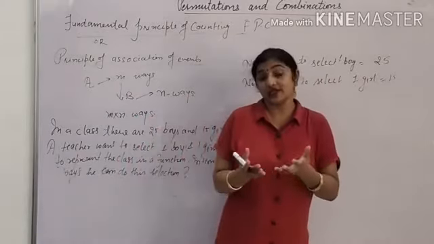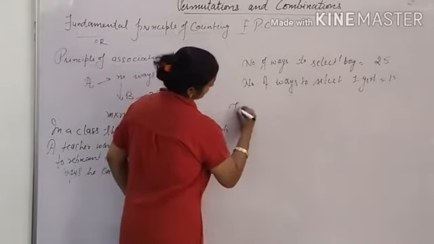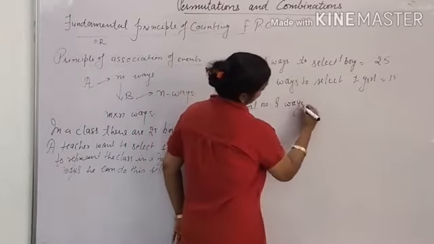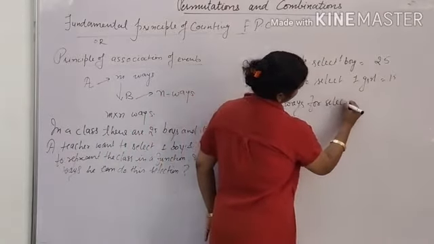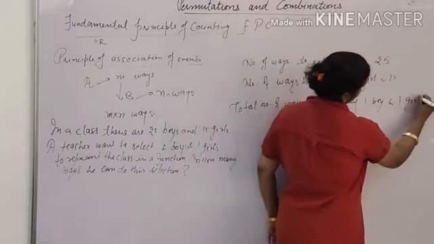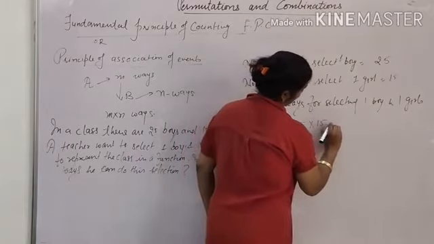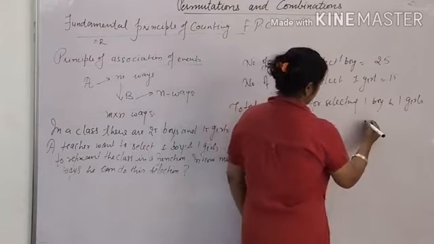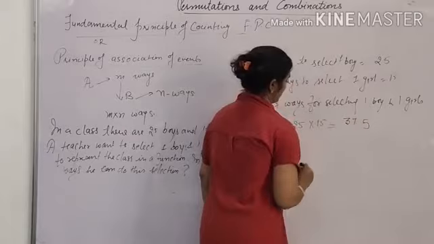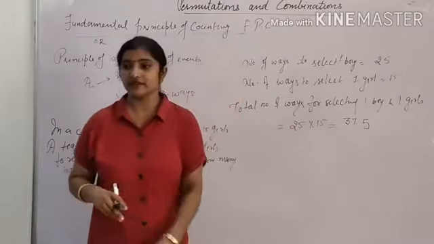So both the events, actually you have to select both boy and girl. So the total number of ways for selecting one boy and one girl are 25 into 15, and that is 375 ways. Okay.